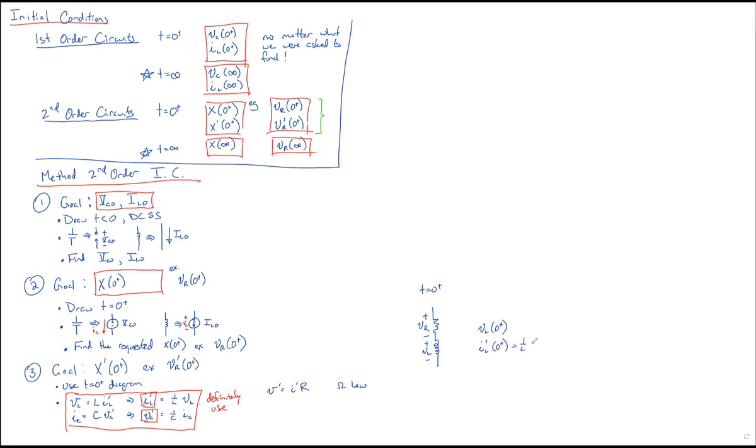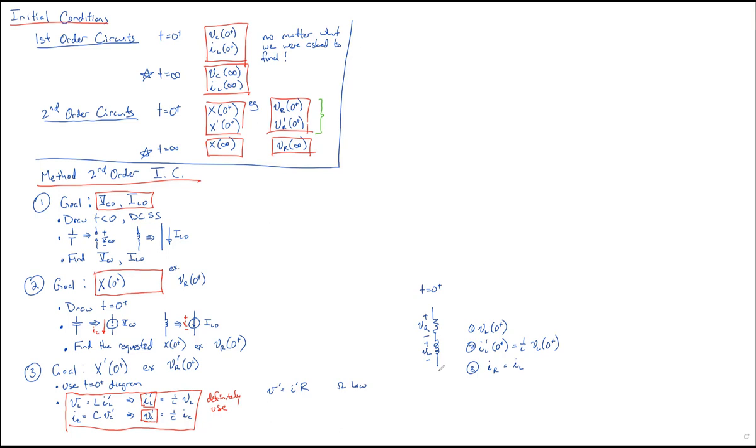It's just 1 over L times V sub L at 0 plus by this equation. So you found this first, then you found I sub L, and now that you know I sub L prime, you can say that I sub R in this circuit has got to be the same as I sub L, right? Whatever current goes to the top has to go through the bottom.